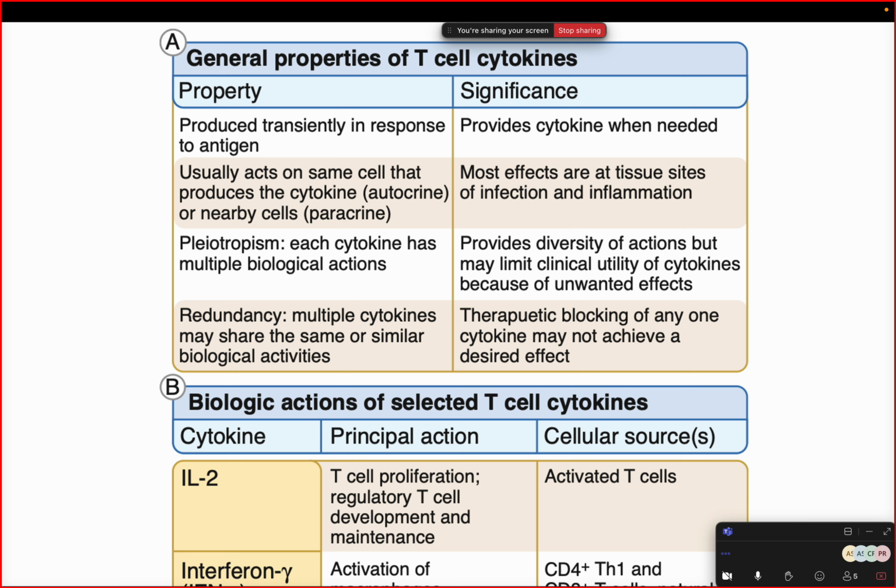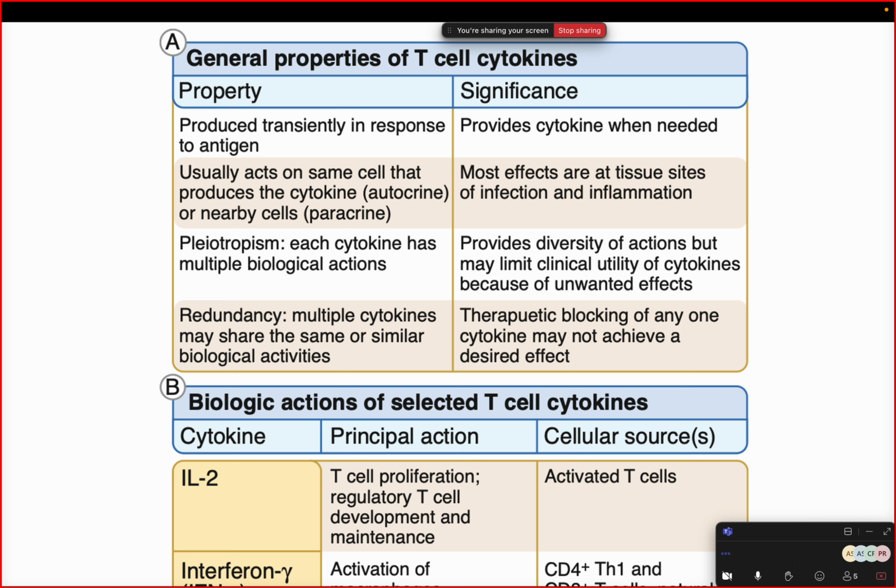What is the significance? It provides cytokines when needed, so immediate secretion of a cytokine. They usually act on the same cell that produces the cytokine, that is autocrine type of signaling, or nearby signaling, also commonly called paracrine signaling. What is its significance? Most effects are at tissue sites of infection and inflammation.